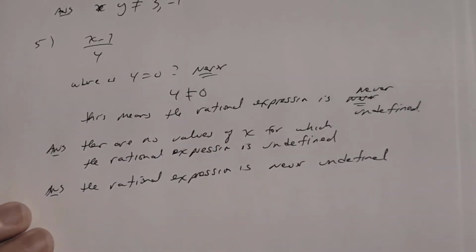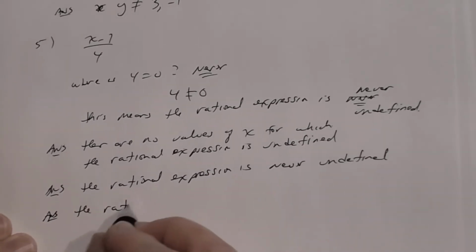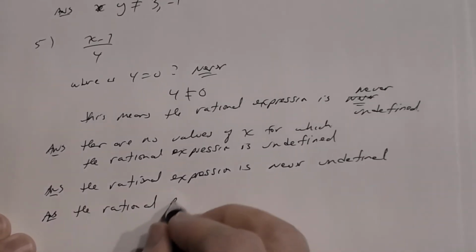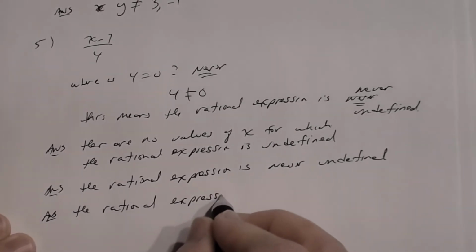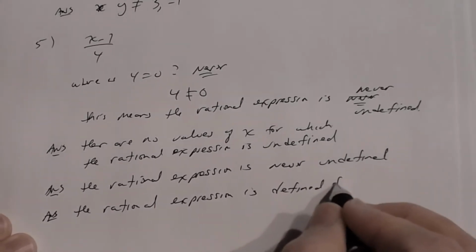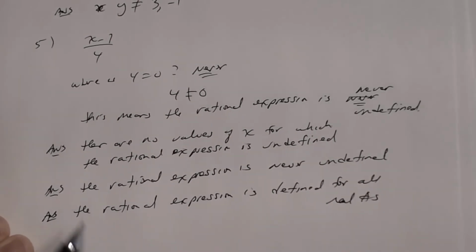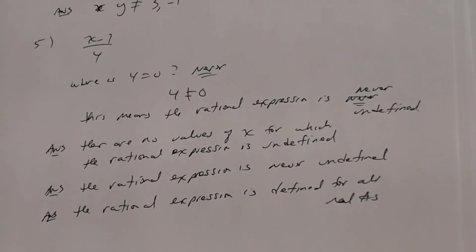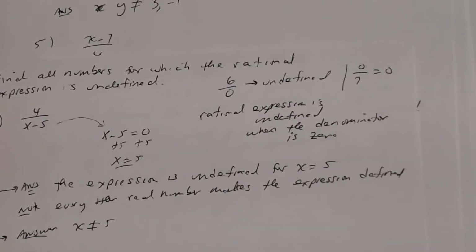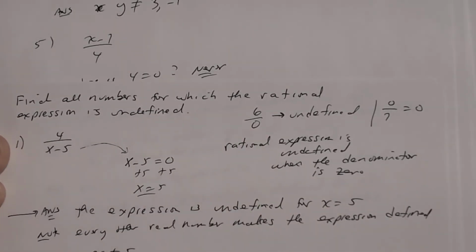You can also say this answer: the rational expression is defined for all real numbers. Okay, so all those three things can answer the directions here. Find all numbers for which the rational expression is undefined.